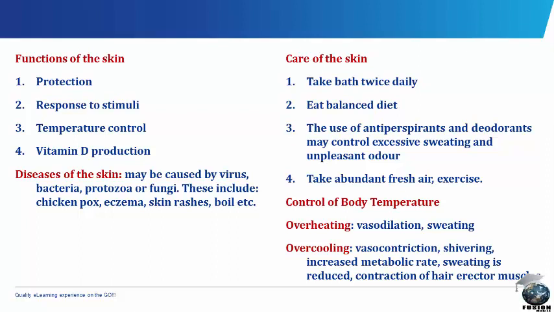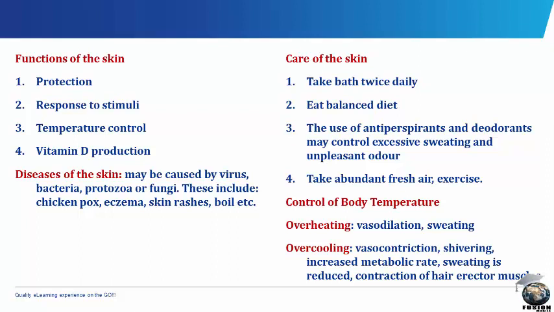Body temperature can be controlled in overheating and also during overcooling. Overheating may be caused by hot weather, vigorous exercise, high fever, or exposure to solar radiation. Increase in body temperature stimulates temperature receptors in the hypothalamus in the brain, which sends nervous impulses to the skin.